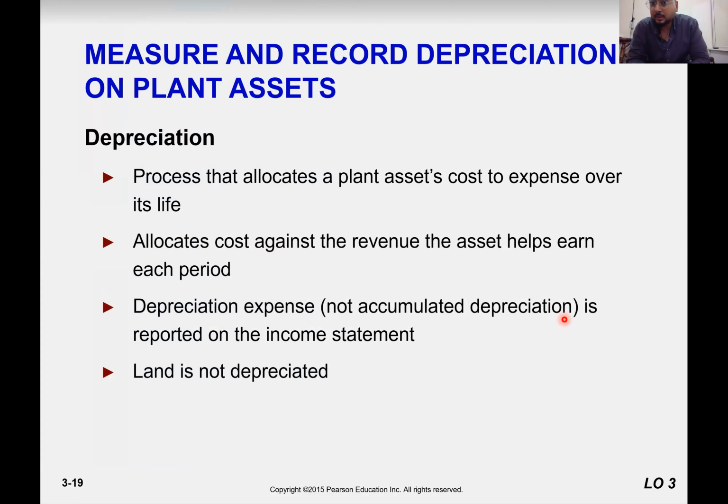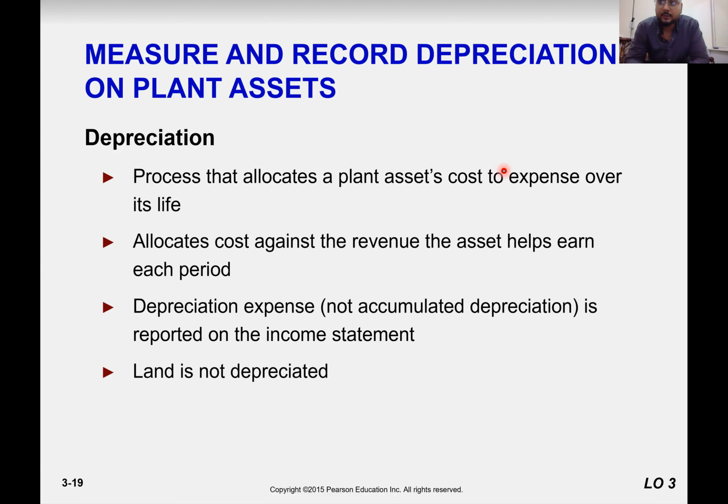So depreciation basically is a process that allocates a plant asset's cost to expense over its life. Some say that it's wear and tear. Some say that it is a reserve account.